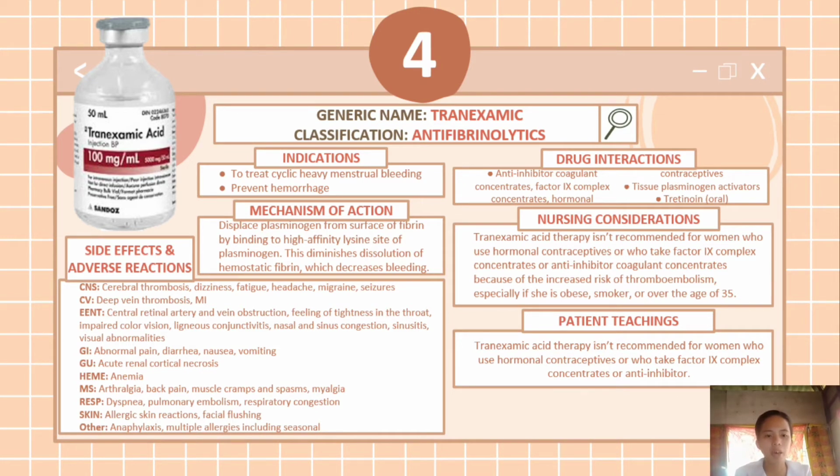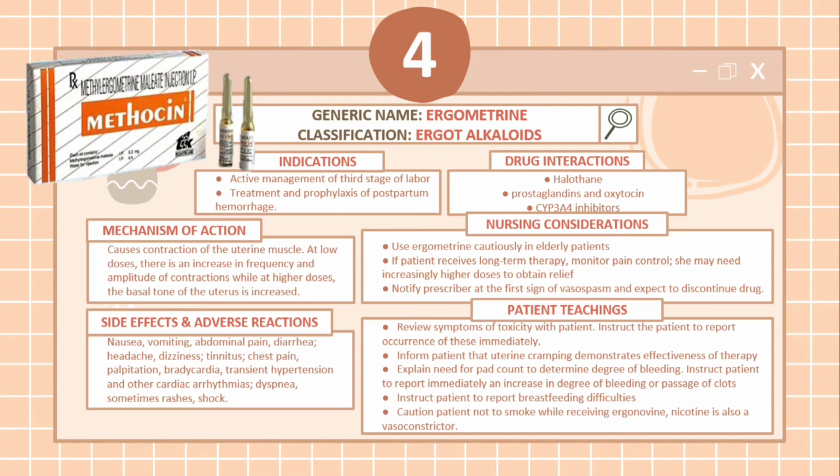The mechanism of action is to displace plasminogen from the surface of fibrin by binding the high affinity lysine site of plasminogen. That diminishes dissolution of hemostatic fibrin, which decreases the bleeding. The side effect and adverse reaction to the nervous system of this drug is cerebral thrombosis.